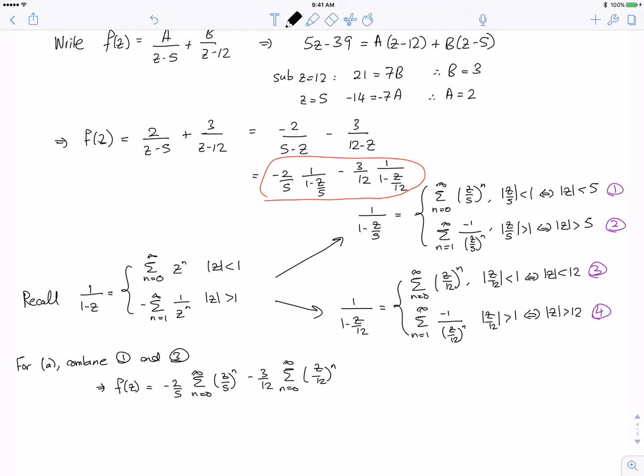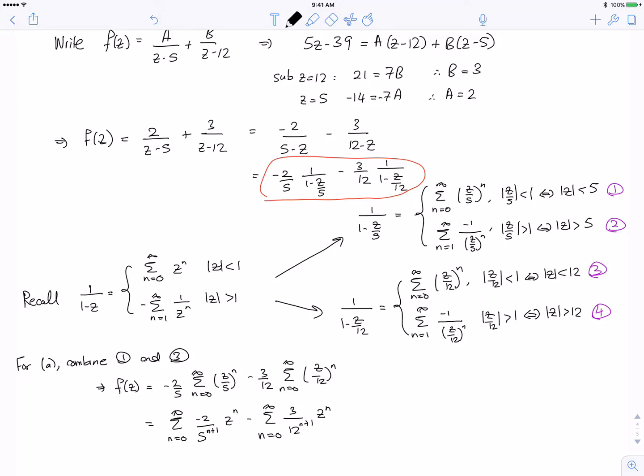Yes? So what I'm going to get is the following. This is going to be the sum from n equals 0 to infinity of negative 2 on 5 to the n plus 1 times z to the power of n, minus the sum from n equals 0 to infinity of 3 on 12 to the n plus 1 z to the power of n.